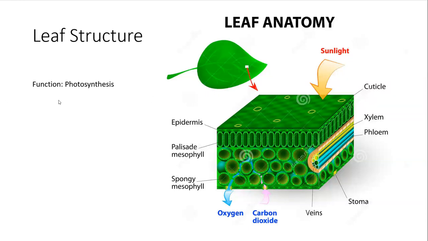So we're going to dive into a quick video on photosynthesis, and then we're going to dive into each one of these parts of the inner plant, these different types of cells, what they are, and what their function is. Okay.